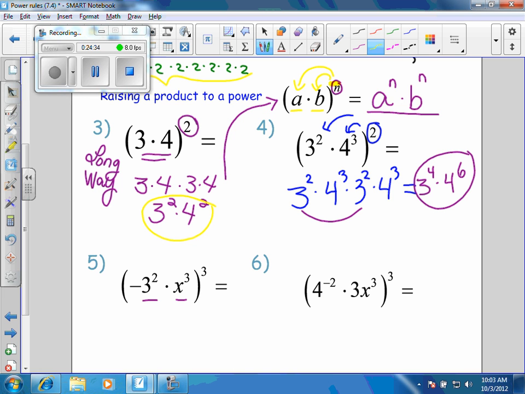So here, the answer would have just been 3 squared times 4 squared. Do you see that? And Noah did that in pieces, but now you can say 3 squared to the second power is 3 to the 4th, and 3 times 2 gives us 4 to the 6th.